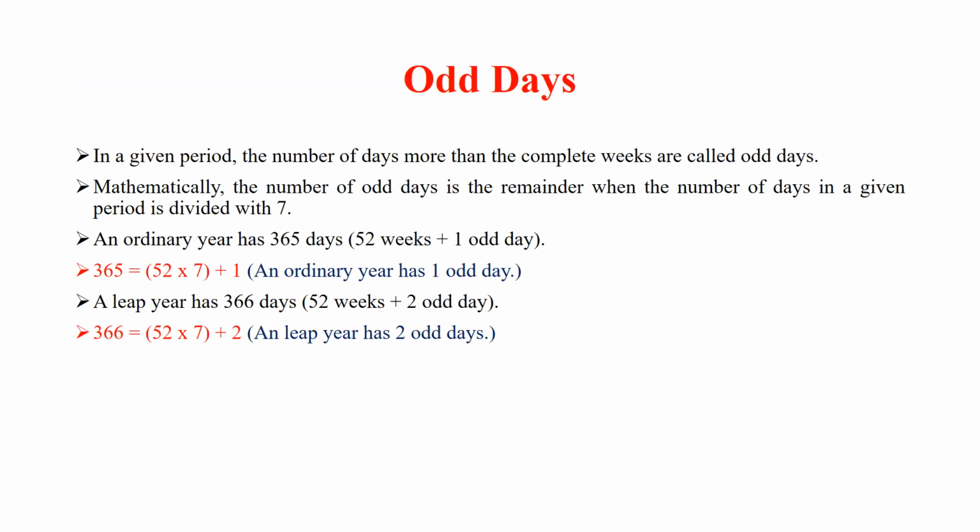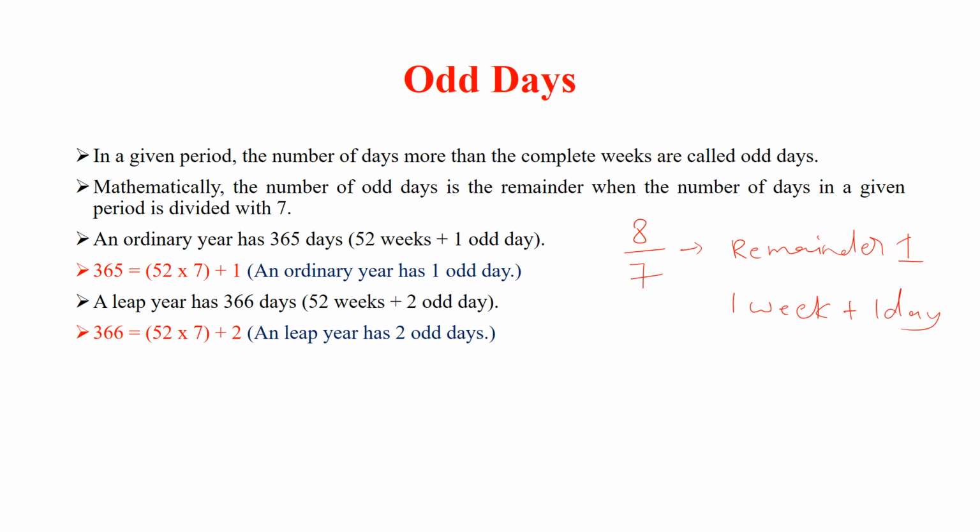Once we understand the concept of leap year, the next thing we should understand is the number of odd days. For example, if a period has 8 days, you divide 8 by 7, then you will have remainder 1. It means you have 1 week and 1 day.